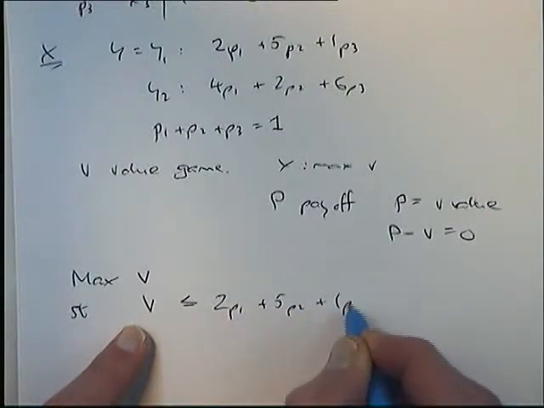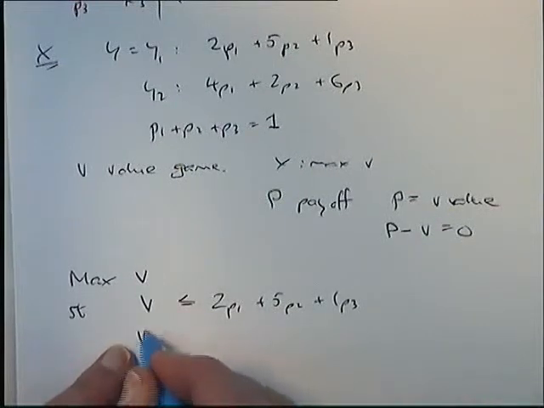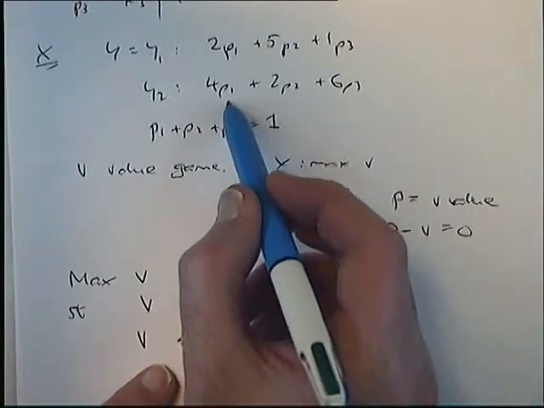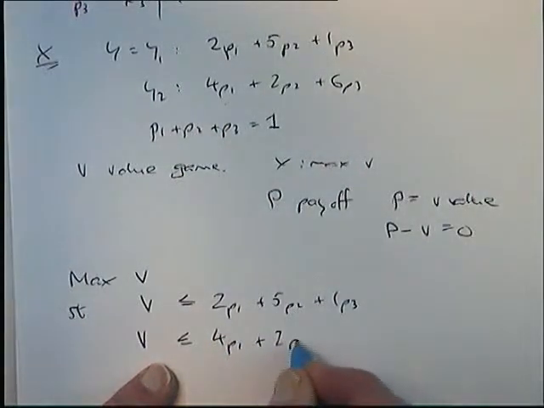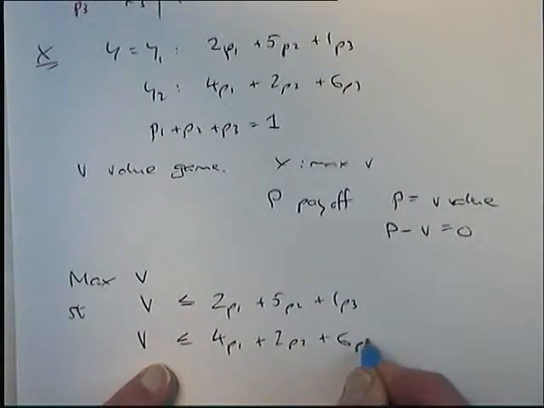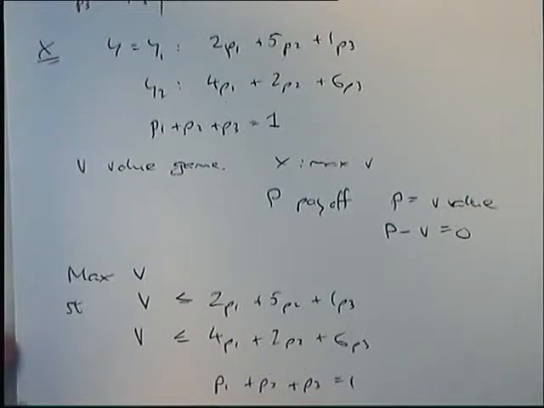As we said before, we did that shading. It's the underneath shows like the feasible region. And the value of the game has to be less than that. And we know as well, as another constraint, that the probabilities add up to 1.